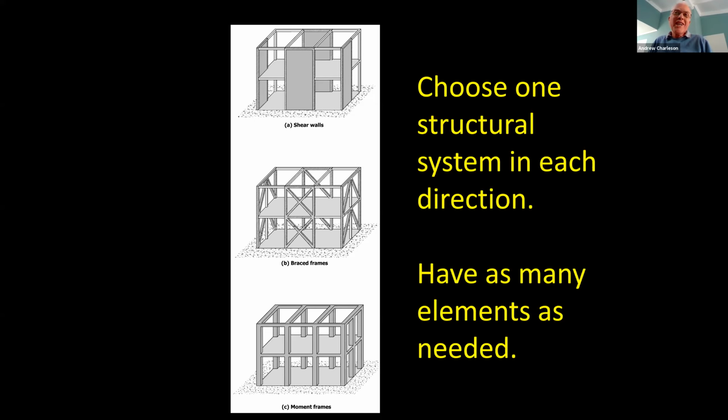The choice is entirely yours. And of course, once you've made a choice of one system, you must stick with that. But you can have as many elements as you want to. And I'll come to this later.